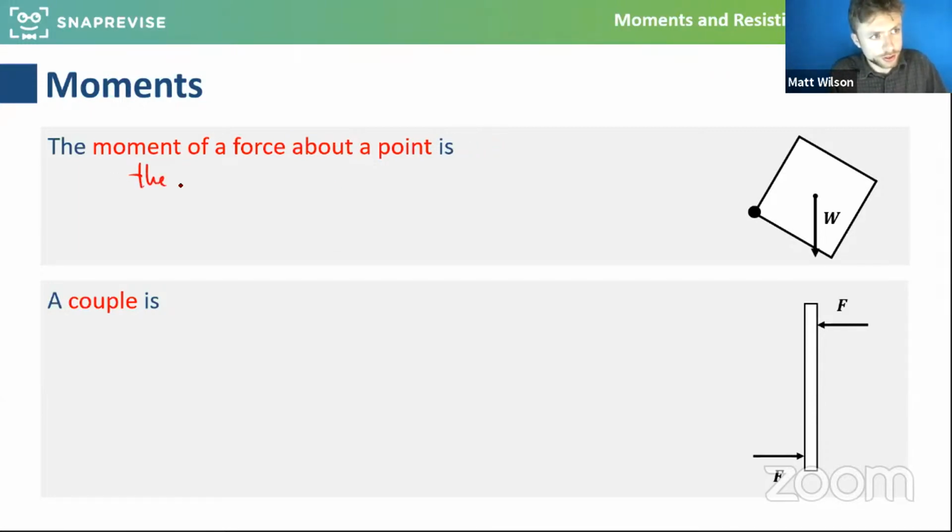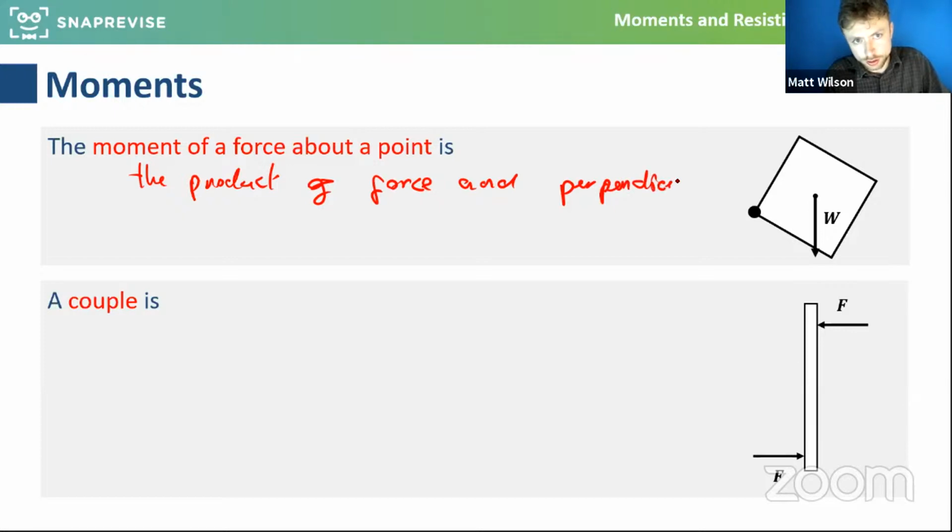So here's the definition: the product of force and perpendicular distance. Okay, so let's see how this looks. Perpendicular distance from what? From its line of action.